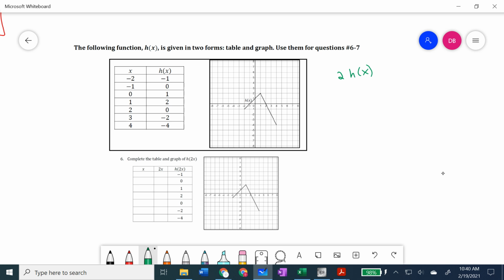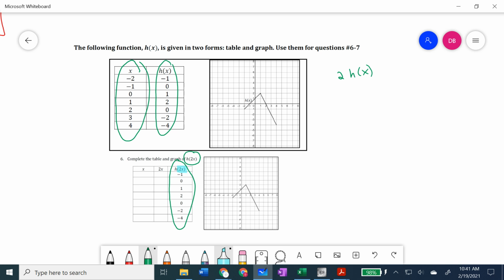But for this problem that we have, the 2 is multiplying to the x before the function takes place. So what I want you to realize is to get this column for h of x, these are what have to go in it. 2x is what is going into my h function.